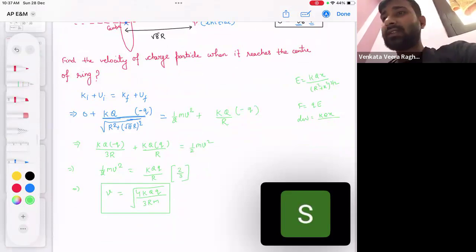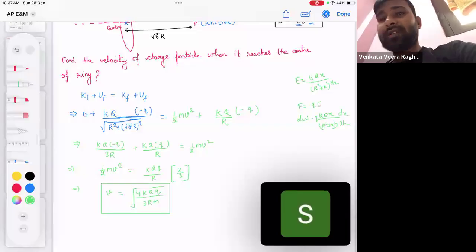What is the charge here? The charge is Q here. Force into a small displacement is a small work done. Let's integrate it. Here in the integration, you have to consider R square plus X square as something, Z.